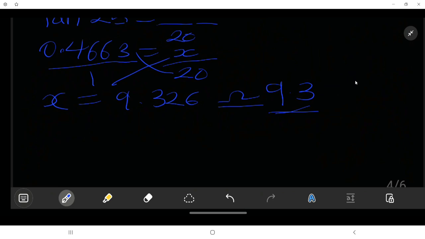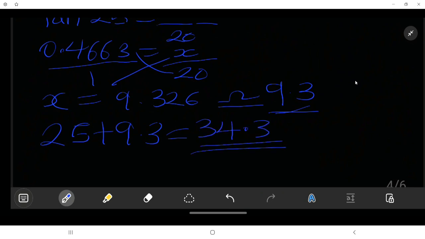So we have 25 plus 9.3, which gives us 34.3. This is the complete height of the pole.